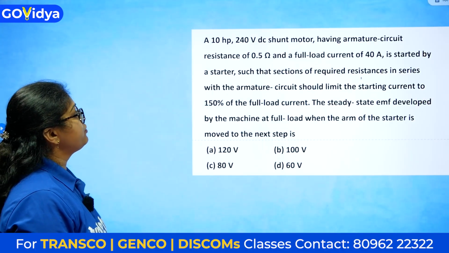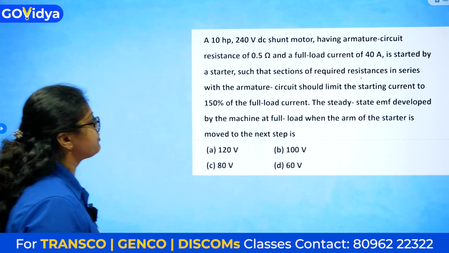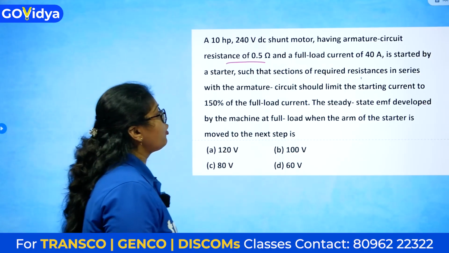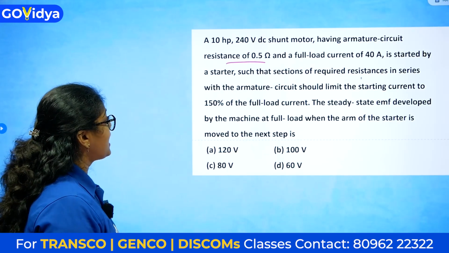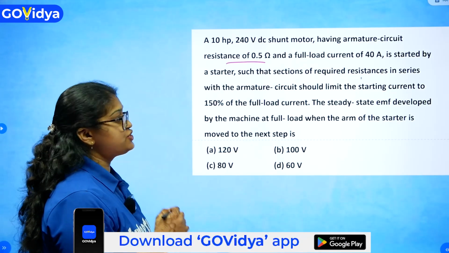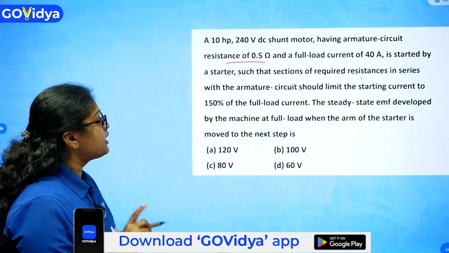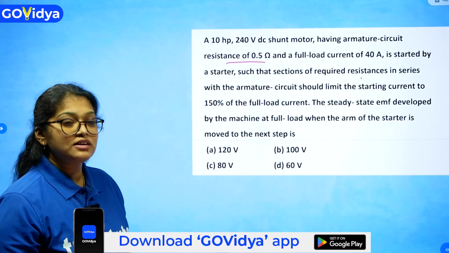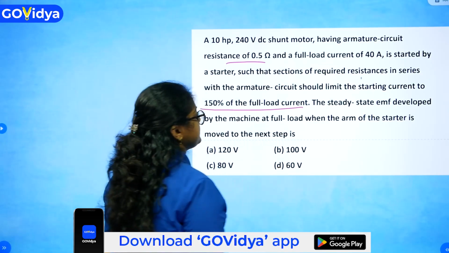A 10 HP, 240 volts DC shunt motor has an armature circuit resistance Ra of 0.5 ohms and a full load current of 40 amperes. It is started by a starter such that the sections of the required resistance in series with the armature circuit limit the starting current to 150% of the full load current.